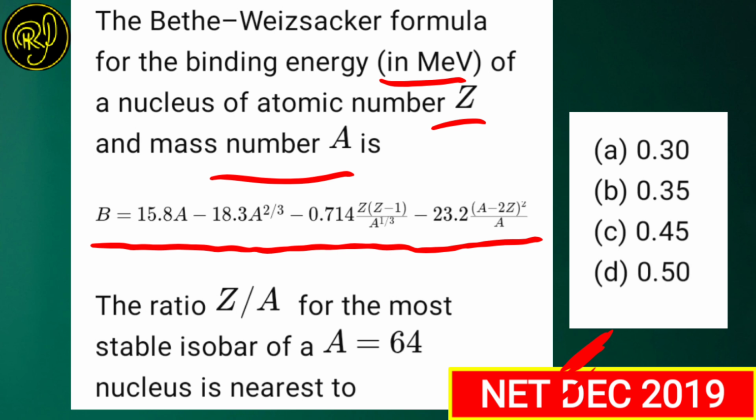Then you were asked that the ratio Z/A for the most stable isobar of A = 64.